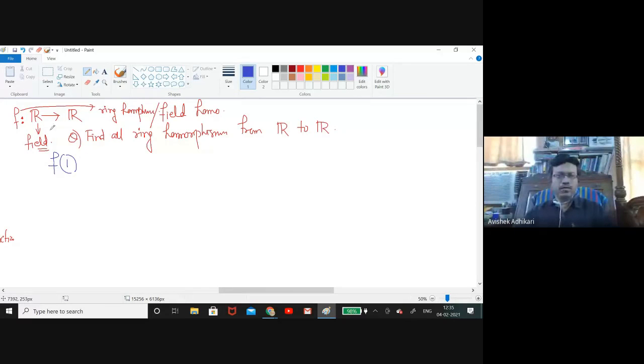So f of 1. R with plus and dot must have an identity element. So f of 1 must be of this form, f(1) into f(1). Since this is a ring homomorphism, we can write it like this. Now, since this is a field, it must be an integral domain. That implies if I take f(1) common, then f(1) times (1 minus f(1)) must be equal to 0.